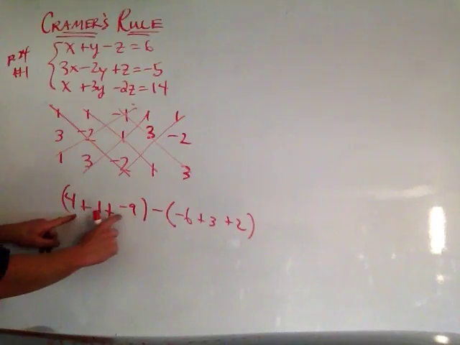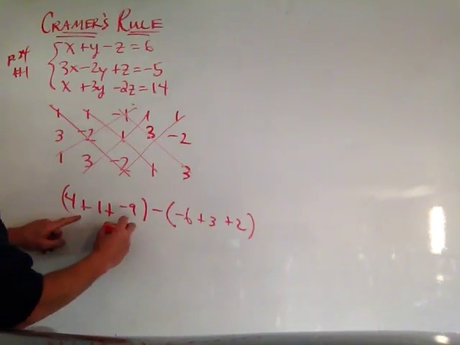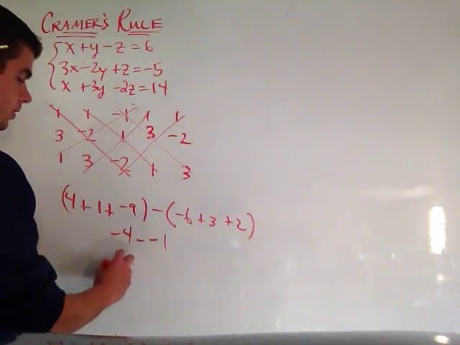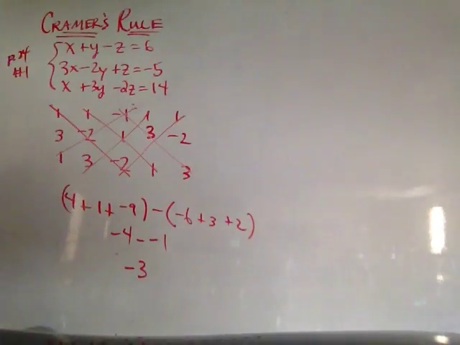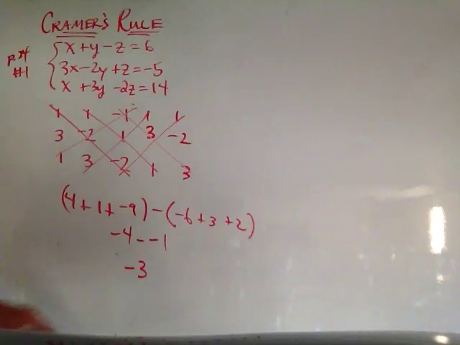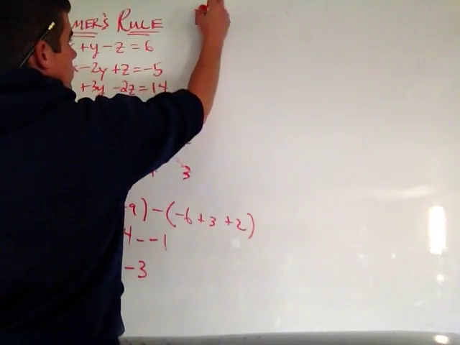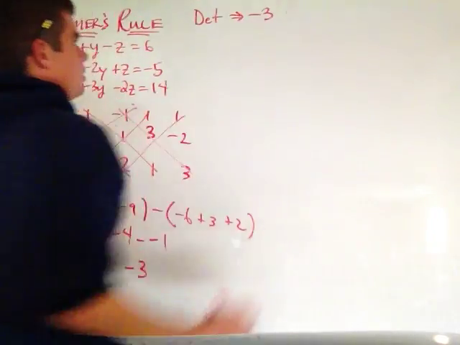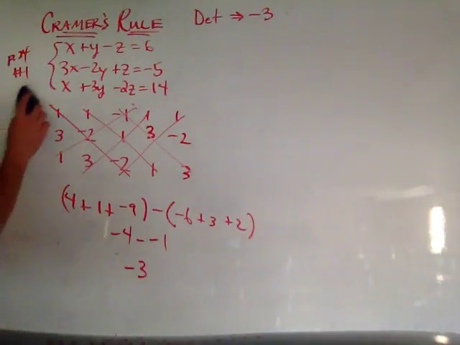So that's 5 minus 9 is -4. And then this is minus a -1, so I get -3. So the determinant of this matrix that represents the coefficients is -3. Okay, that's going to be extremely important for our final answer using Cramer's rule. So I'm going to keep track of the determinant D equal to -3.